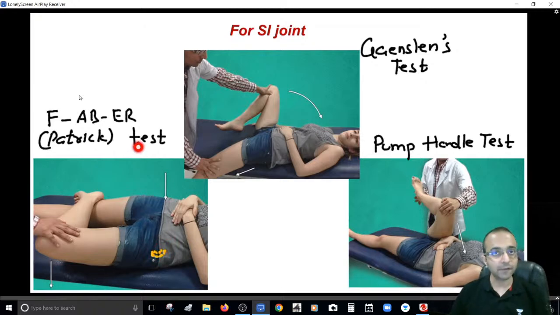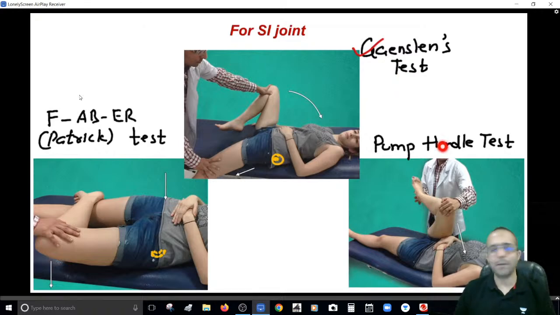This is the FABER test. The better out of them all is actually the Gaenslen test. So what you do in Gaenslen, one side of the hip you extend and the other side of the hip you flex. Now as you are extending this up, the patient might complain of pain in the area of the sacroiliac joint at the back. And this reproduction of the pain here tells you the Gaenslen test is positive.